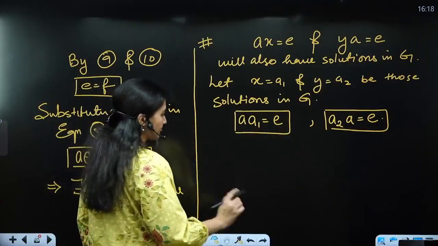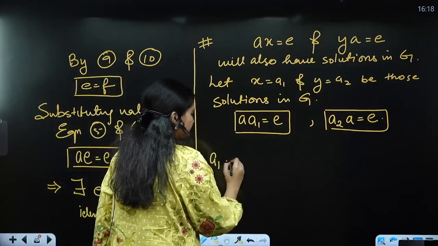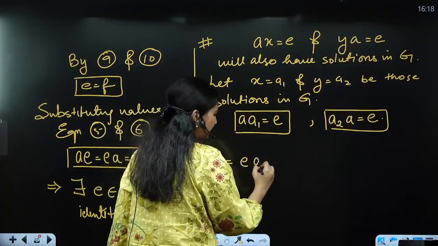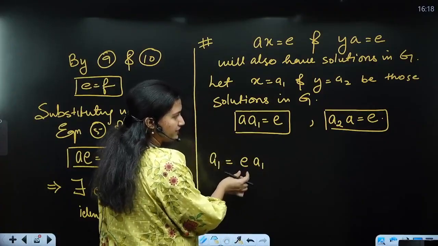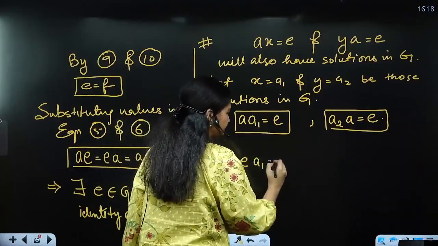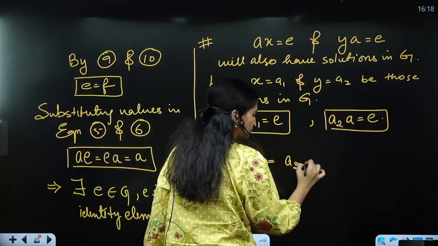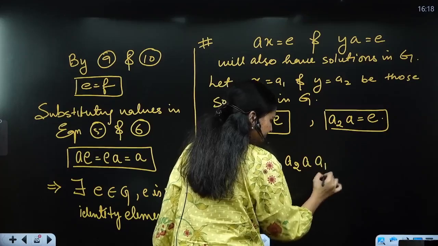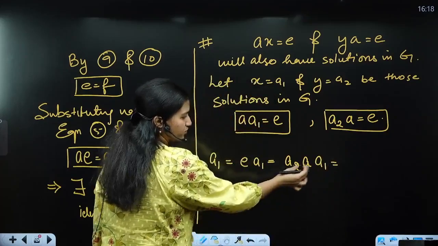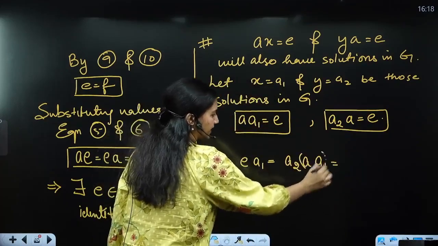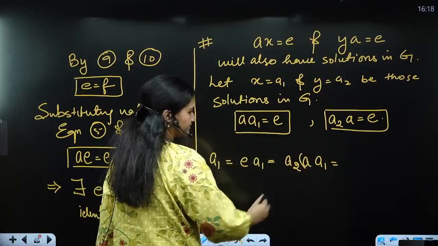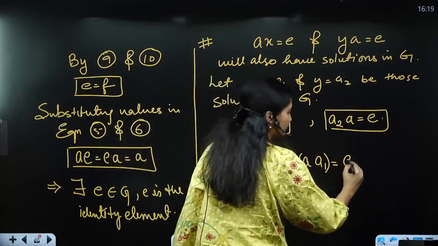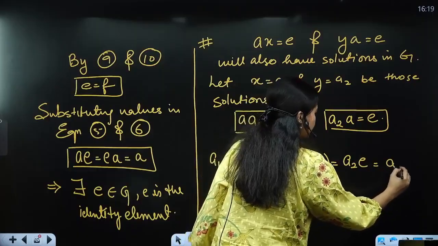Clear? Now a1 equals e a1. Now can I substitute the value of e from this equation? So this can be written as a2 a a1. Now a a1 can be substituted from here, right? So this is going to be a2 e, which is nothing but a2.